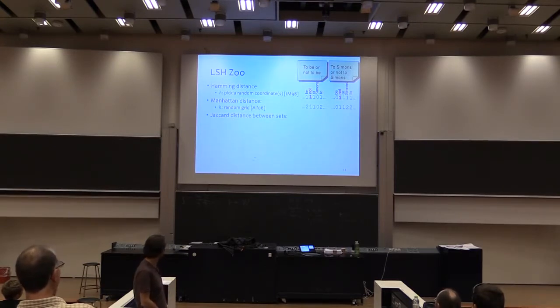So another very popular distance between sets is called Jaccard distance. It is essentially equal to the size of the intersection of A and B divided by the size of the union of A and B. So you can think about these documents as being represented by sets of words, and you can compute the Jaccard distance between these sets.